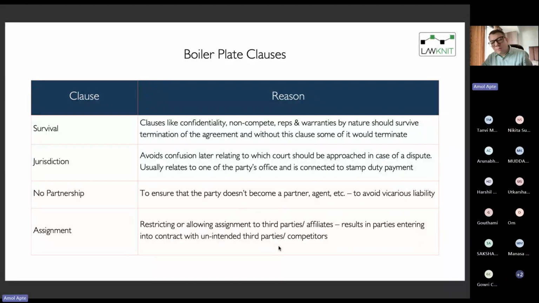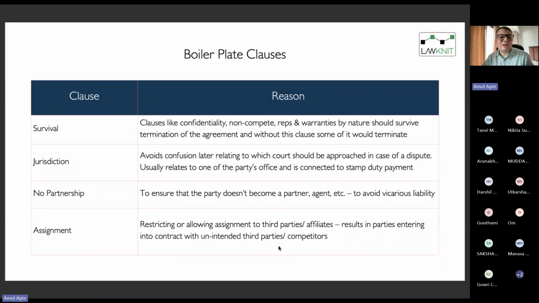Then no partnership, assignment, and these kinds of clauses are very specific. I'm not saying that the language of these clauses will always be the same, but these clauses will always be there in the contract. To make sure that the parties don't become partners or agents of each other, you bring in these kinds of clauses.